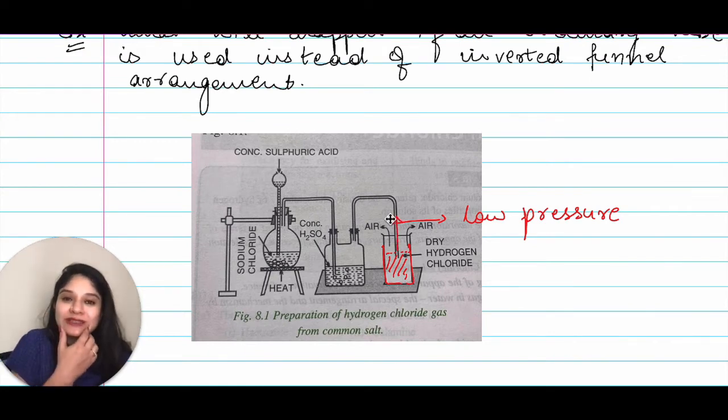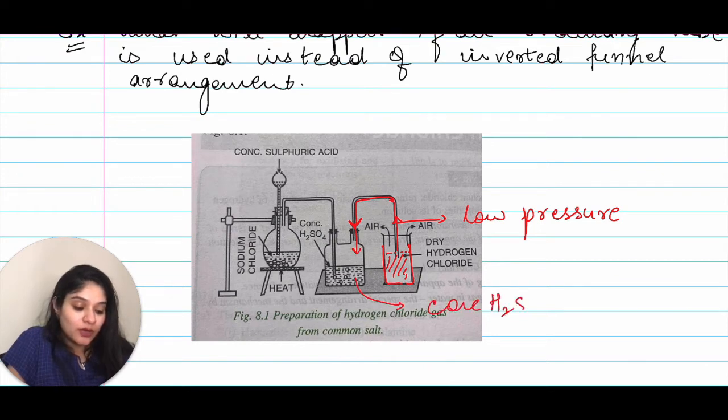As vacuum is created, low pressure is created, this water will start rising up into the tube. As it rises up, it will eventually go back, and this will cause back suction. As it goes back and comes in contact with concentrated H2SO4, this may cause an explosion. So this is what happens if we are not using the funnel arrangement.